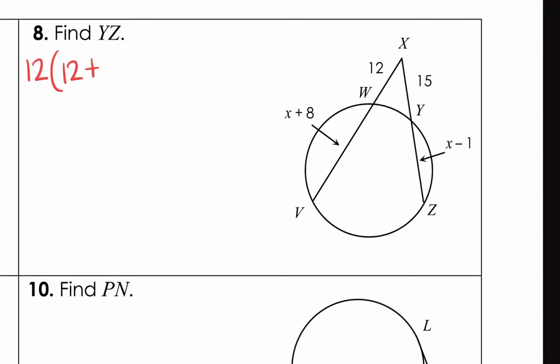So I'm going to write out exactly what I said. We're doing 12 times 12 plus x plus 8. And we're going to equal that to 15 times 15 plus x minus 1.